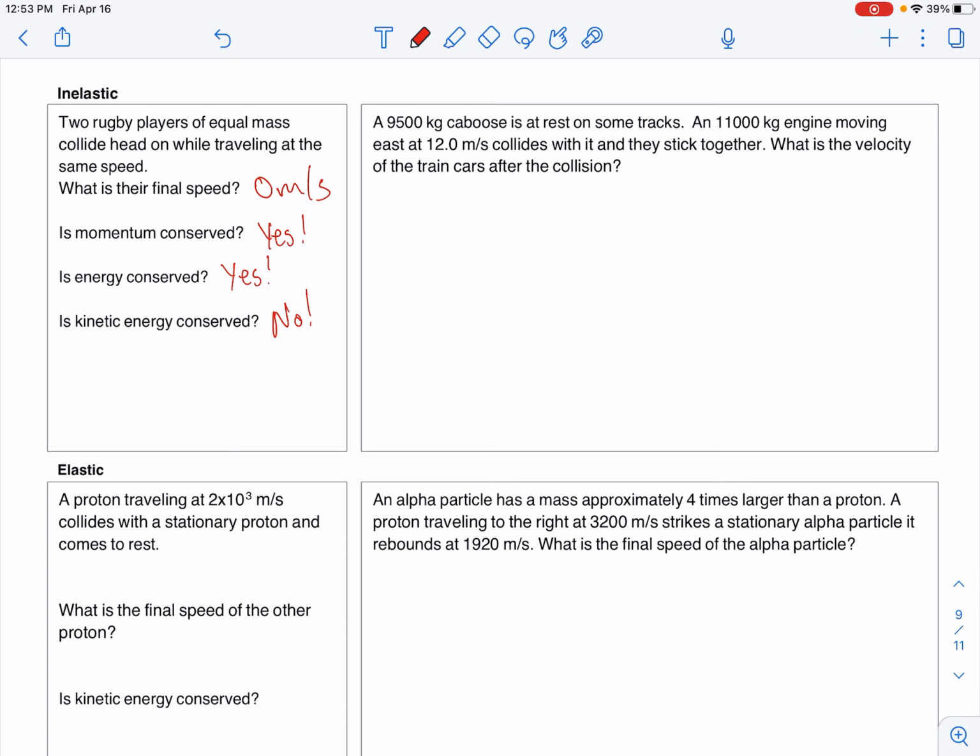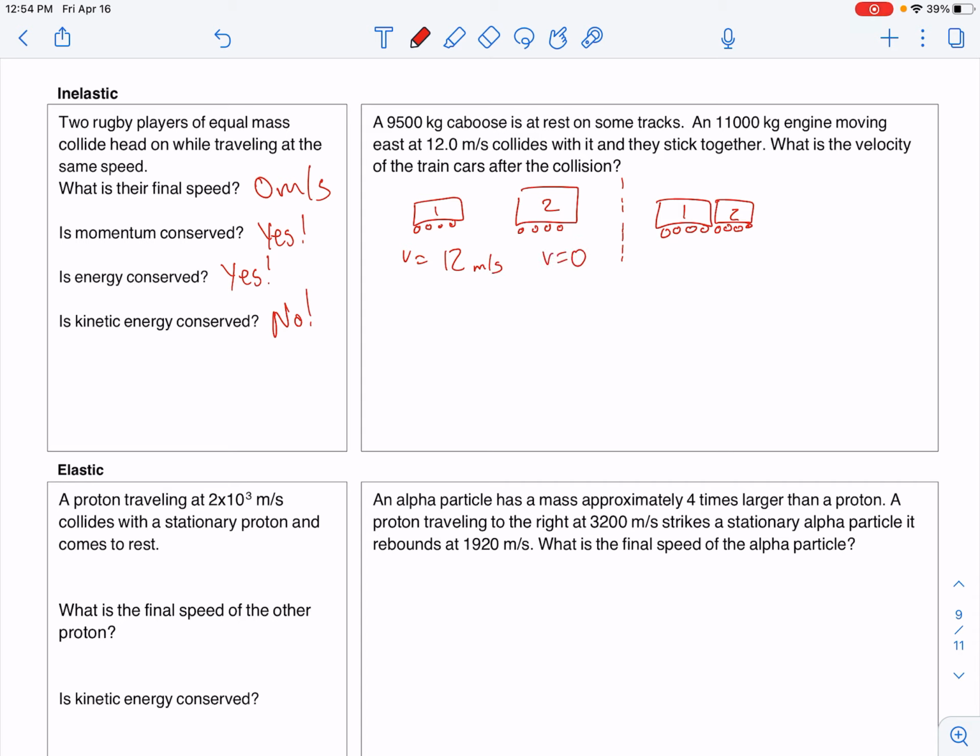All right. Now, let's show this mathematically. Let's say we have two trains, and there's going to be a collision. Initially, say train 1 has a velocity of 12 meters per second.